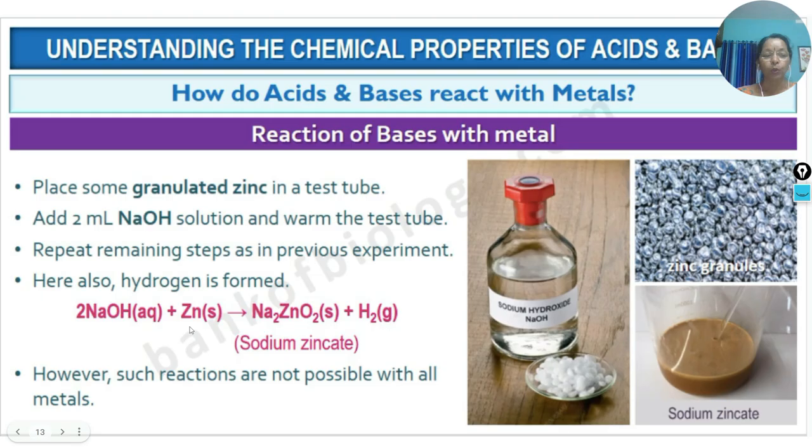So bases also react with metals producing salt and hydrogen gas, but the salt is different. And one special thing: not all metals, only zinc and aluminum can react with base producing salt and hydrogen gas. All other metals, we cannot expect the reaction.